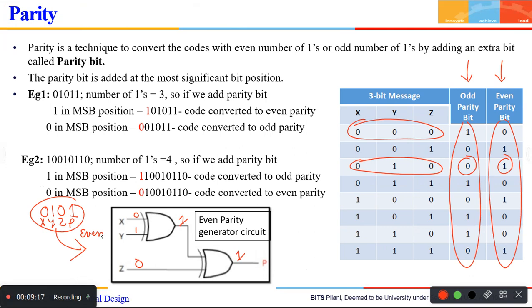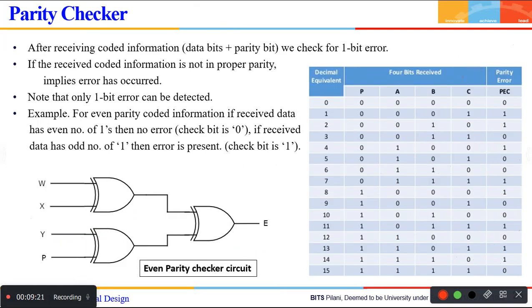Now assume that your transmitted data is 0, 1, 0, 1. Now suppose you have received this. Can you tell me what you are going to get at E? You get 0. 0 means no error, absolutely no error.